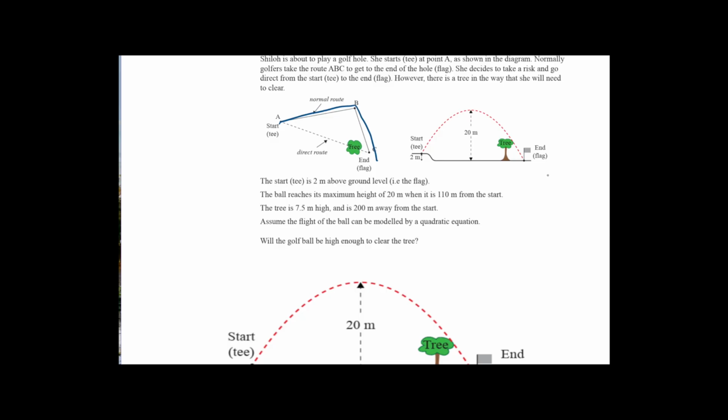Let's do all of this in one shot. So then it tells us that the tee is 2 meters above ground level, which is here, and the maximum height it reaches is 20 meters, 110 from the start, and the tree is 7.5 meters and is 200 meters away from the start.